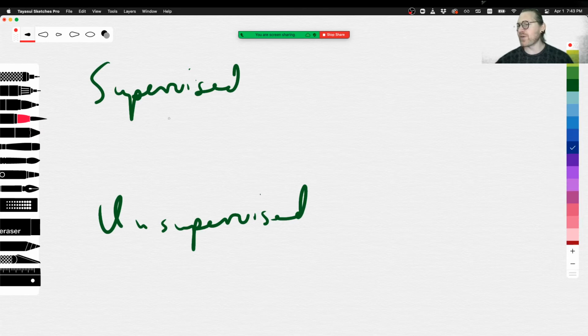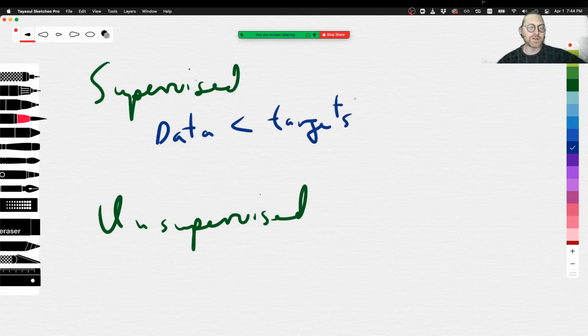So in supervised learning, we have data that contains targets. We have a bunch of pictures of cats and dogs, and all the cat pictures are tagged with cat, and all the dog pictures are tagged with dog.